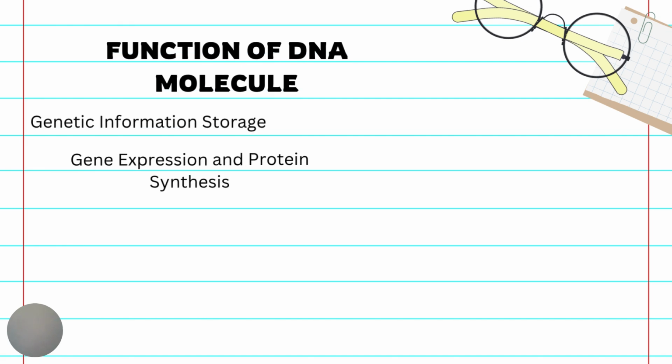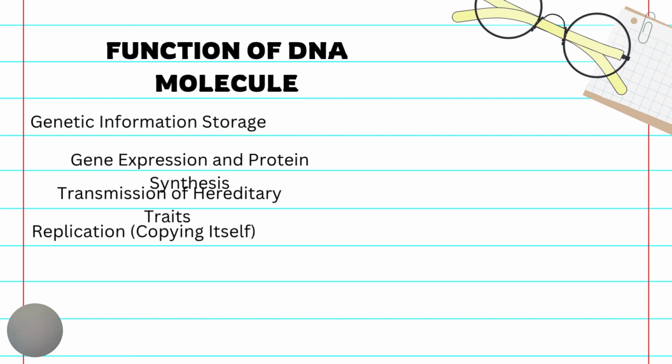Now let's look at the function of DNA. So DNA's function is the storage of genetic information. DNA holds information on a lot of things that deal with your genetics, like I mentioned, your height, the color of your eyes, even your gender.